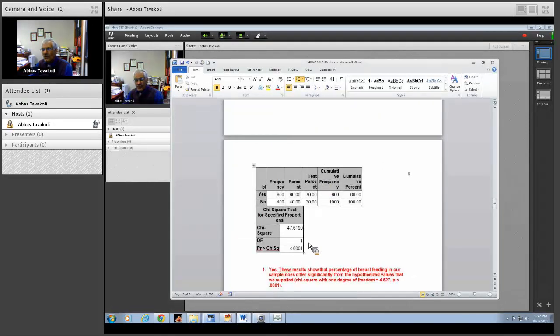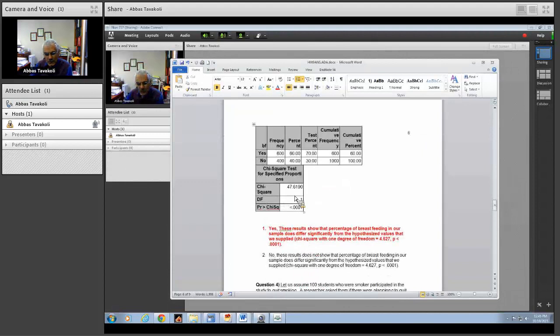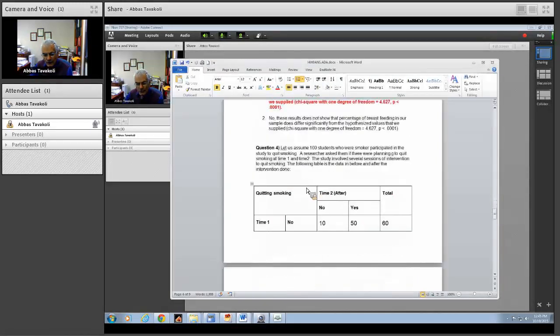And this is the result you see. Based on the result, you look at the chi-square value or p-value and make your decision. Because our p-value is less than 0.05, you reject the null and conclude there is a difference. So that's the correct answer.